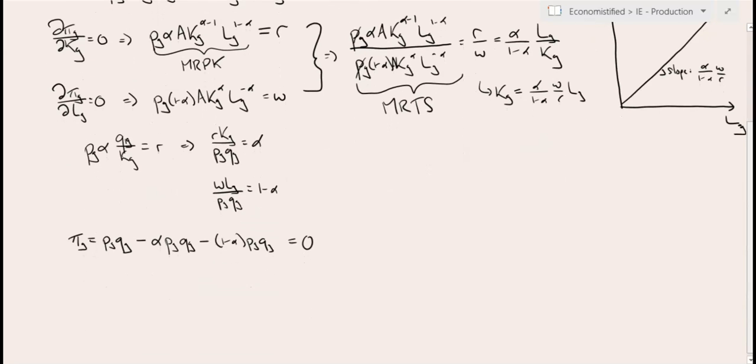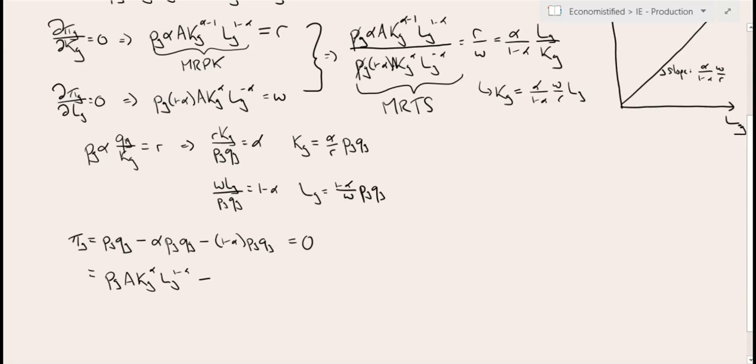We can also substitute in to the expression for Q here, a slightly rearranged version of this. So if we rearrange this as K equals alpha over R times PQ, and the same for labor from here, and we substitute that in to Q here. So remember, Q from the production function is given by A K to the alpha times L to the 1 minus alpha.